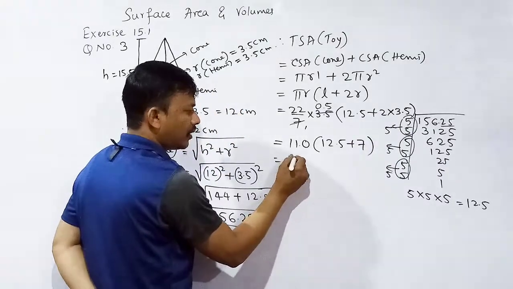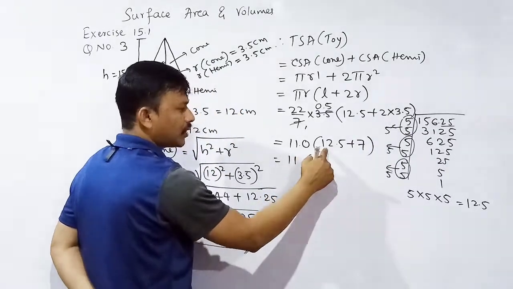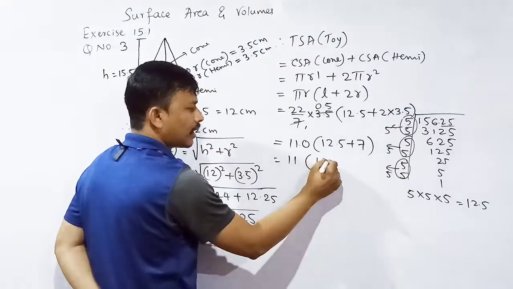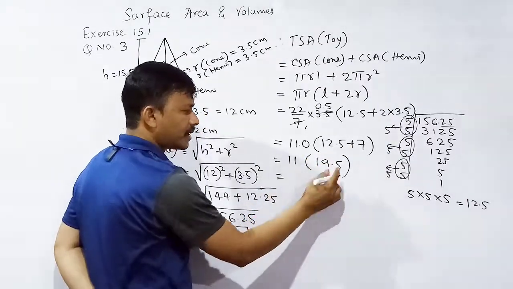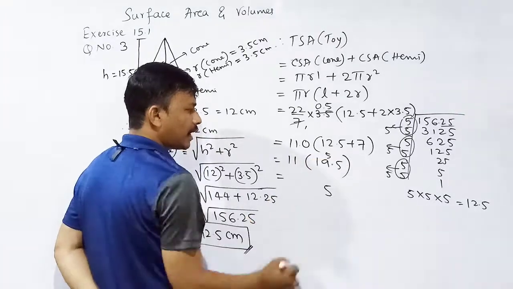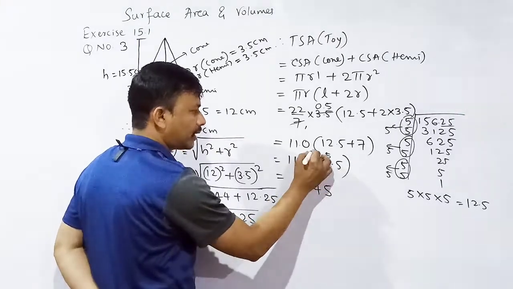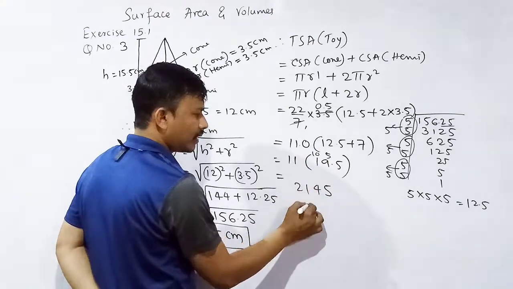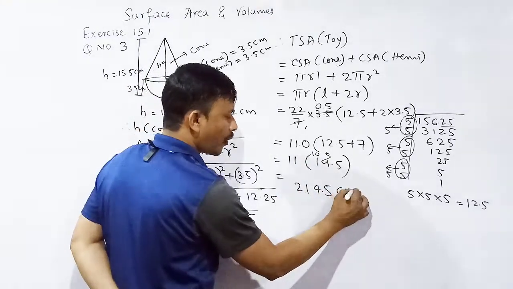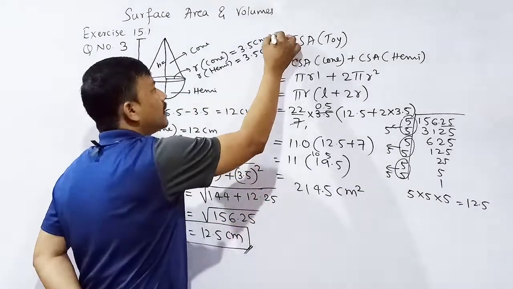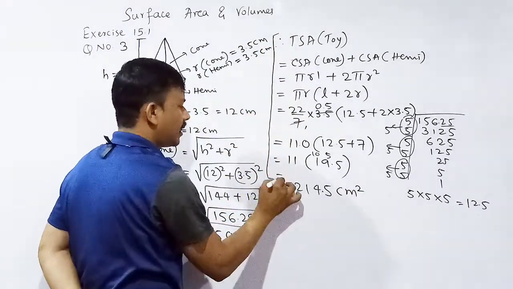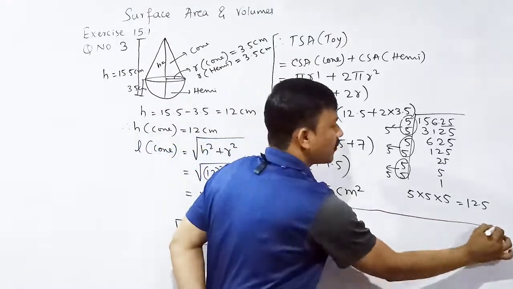This is equal to 11 in bracket 12.5 plus 7, 19.5. Correct? This is equal to 11 5s are 55, 11 9s are 99, 214.5 centimeter square is the total surface area of the toy.